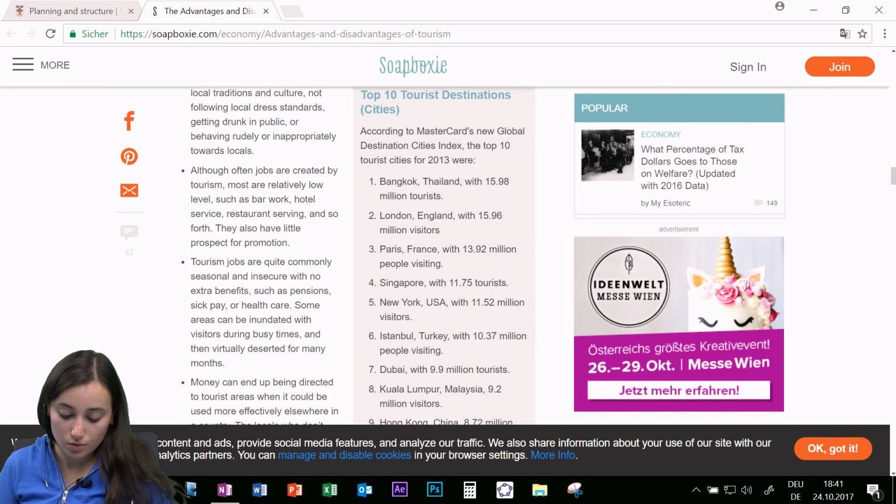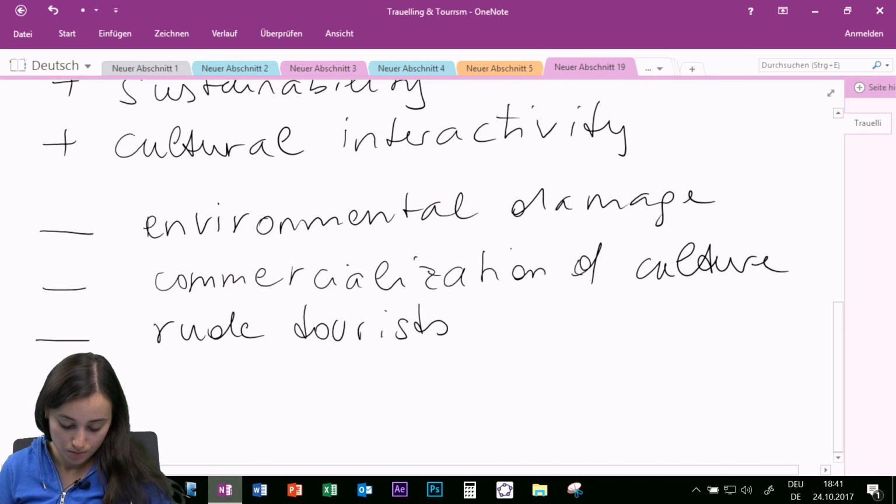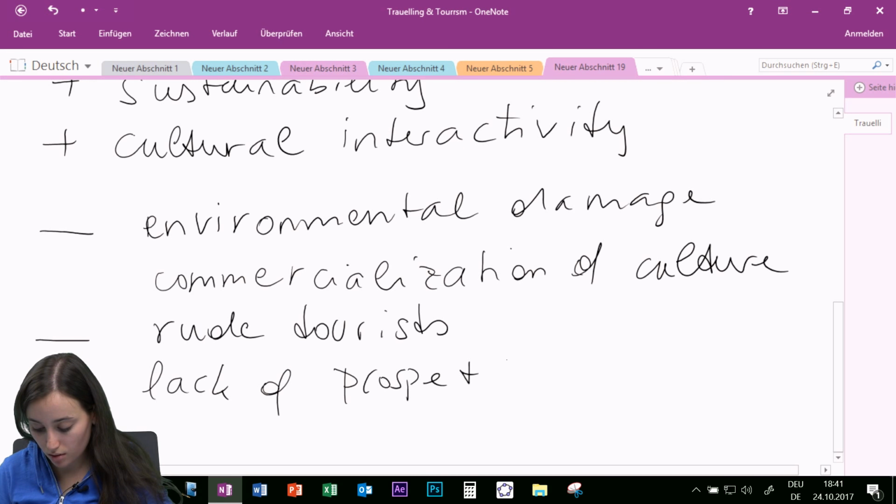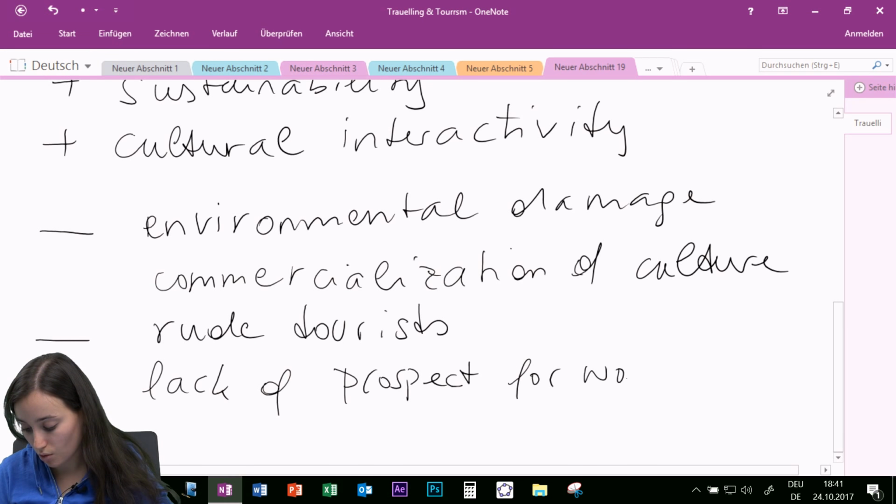They also have little prospect, Aussicht, for promotion. How should I paraphrase that? Lack of prospect for workers.